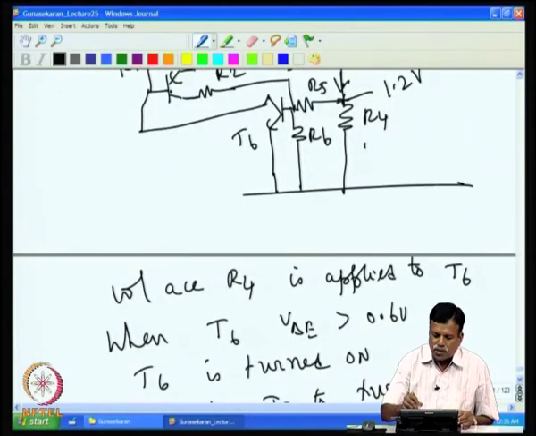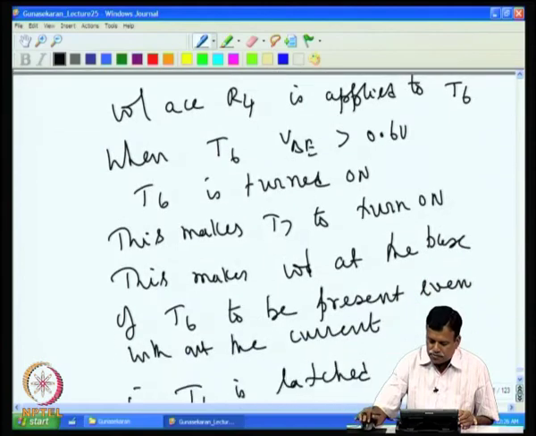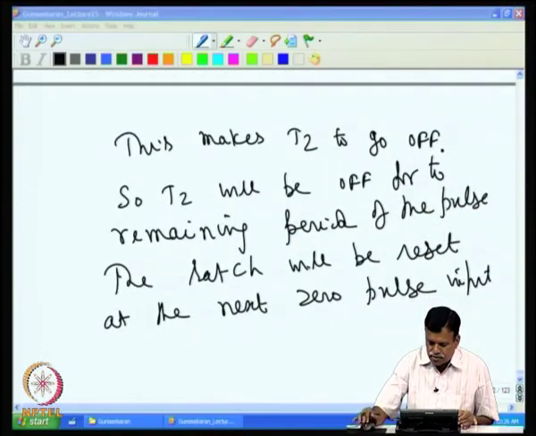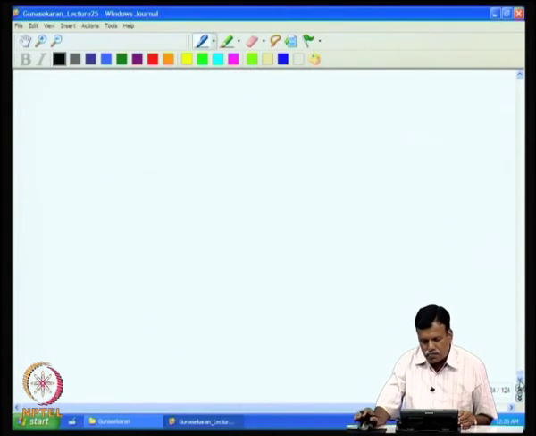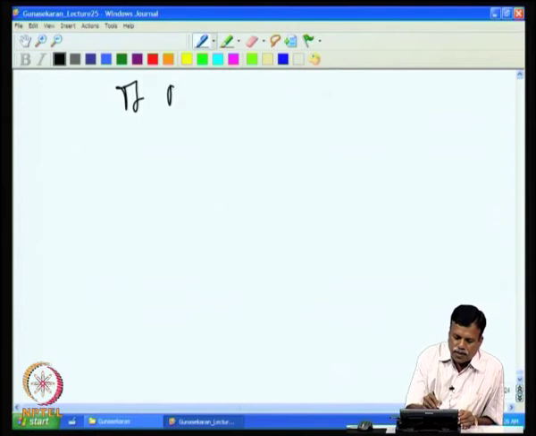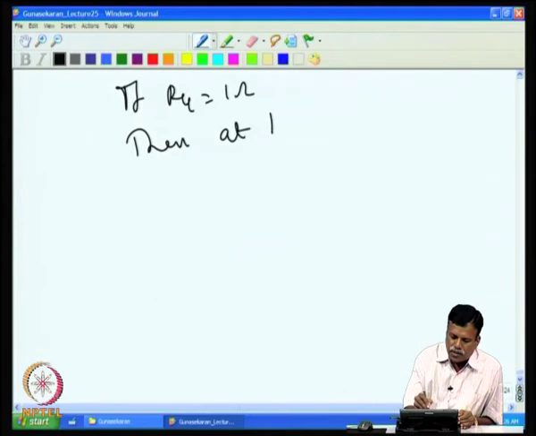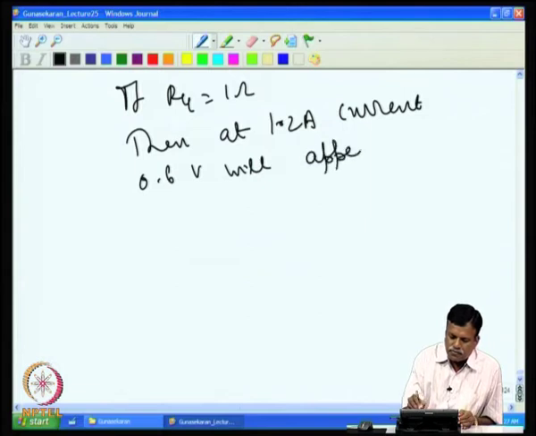Suppose R4 is 1 ohm. If R4 is equal to 1 ohm, then at 1.2 ampere current, 0.6 volt will appear at the base of T6.